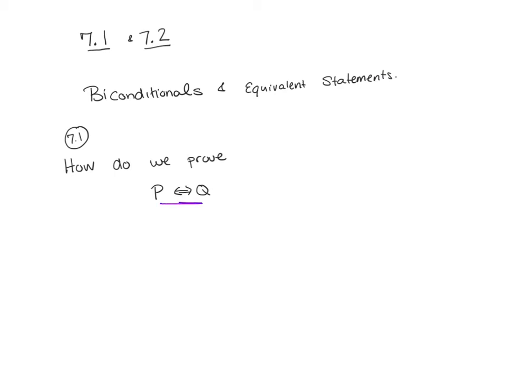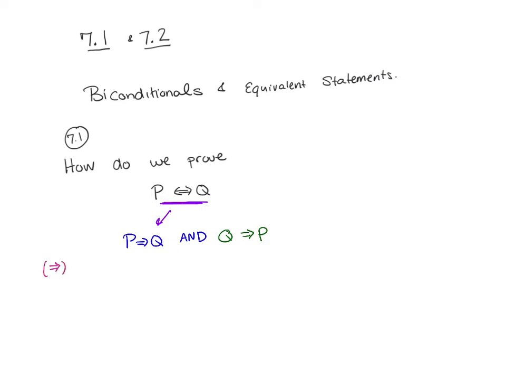So remember, if we have P if and only if Q, that's really the same as saying P implies Q and Q implies P. So if I want to prove an if and only if statement, what I'm going to do is first say, I like to use my little arrows to help lead the proof.